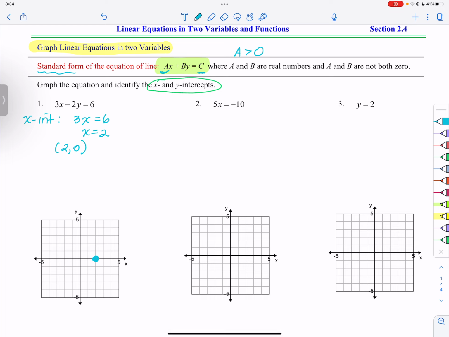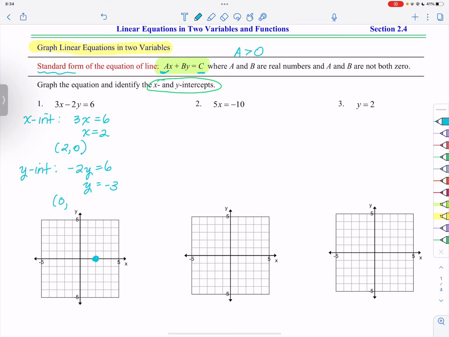Let's look for the y-intercept. With the y-intercept, we let x be 0. So 3 times 0 is 0, and we have negative 2y equals 6. Dividing both sides by negative 2, we get y equals negative 3.